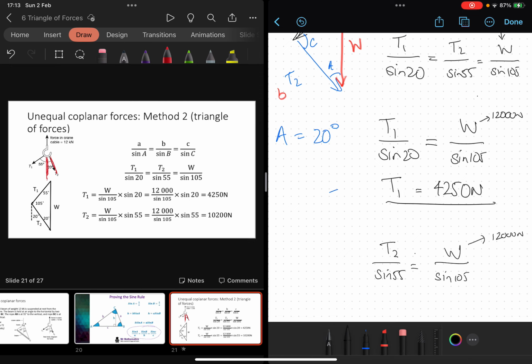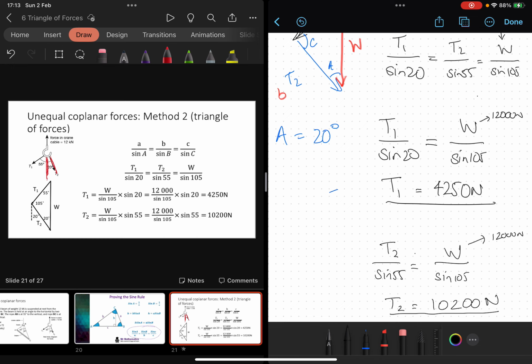Again, we know what the weight is. You can now solve that, and you can work out that T2 has a value of 10,200 newtons. All right, so you guys just need to go back to this and check that you are happy with that.